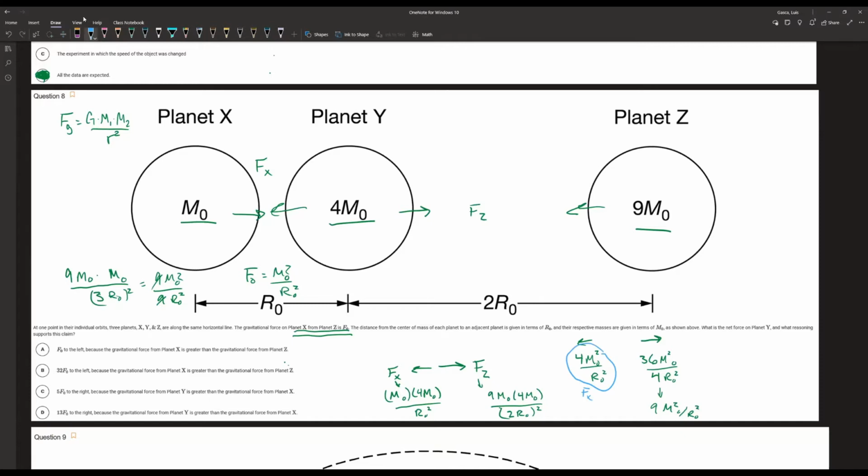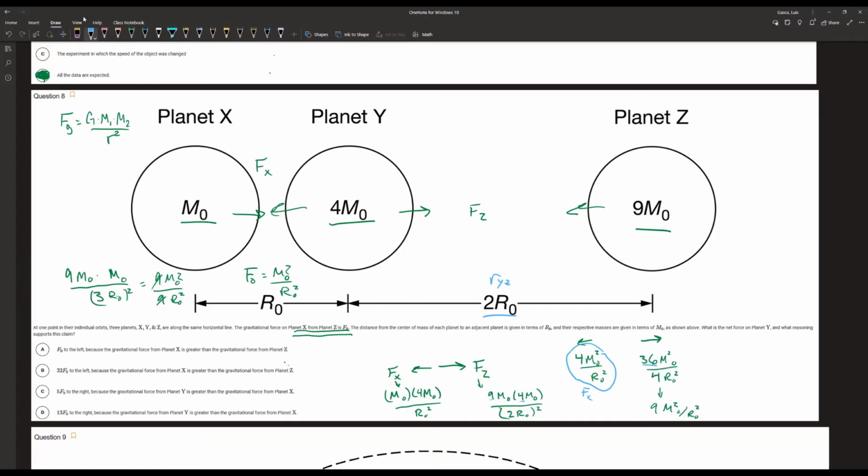And we do the same thing between planet Y and planet Z, except planet Z has 9 times M0, so that's the mass of planet Z. And then we're going to multiply that by 4M0. Now, I don't know how to multiply 9 and 4, but someone told me that it's equal to 36. So thank you, because I put 32 originally. And then, well, the distance between them is now 2R0, and we need to square that bad boy.